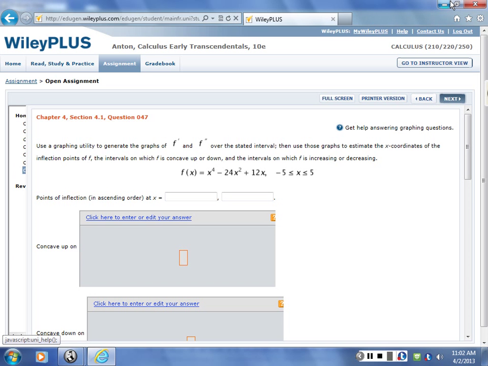I will get this. Okay. What do I have? I have x to the 4th minus 24x squared plus 12x. And then I'm only looking at points that are on the interval from minus 5 to 5, including minus 5 and 5.